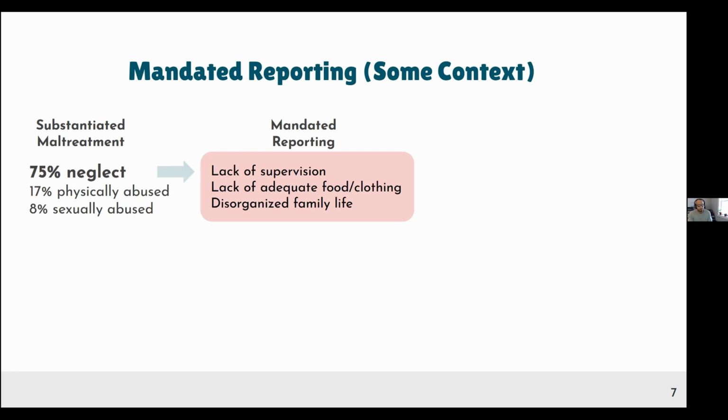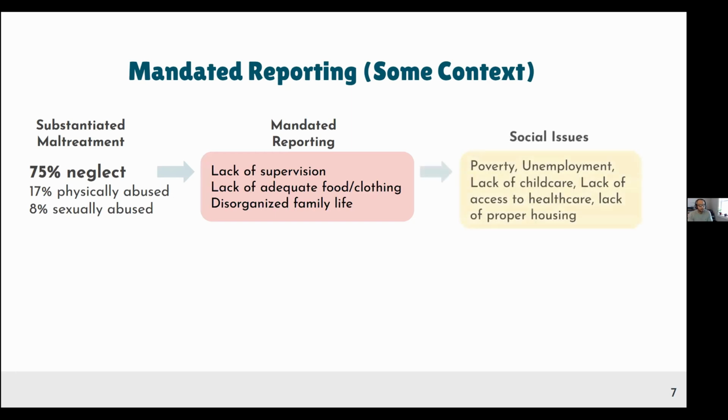Expansion of mandated reporting focused on these indicators, which drove attention away from the more social and structural issues such as poverty, lack of childcare, lack of access to healthcare, and lack of proper housing. The expansion of mandated reporting only led to more investigations into families of color and poor families, with no provisions made to increase the services offered to them.